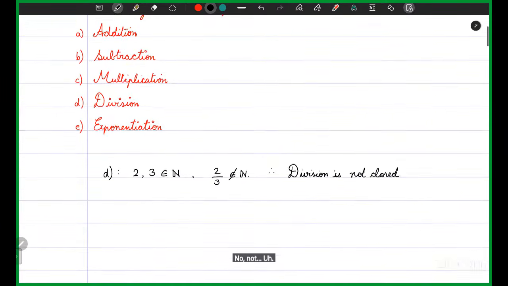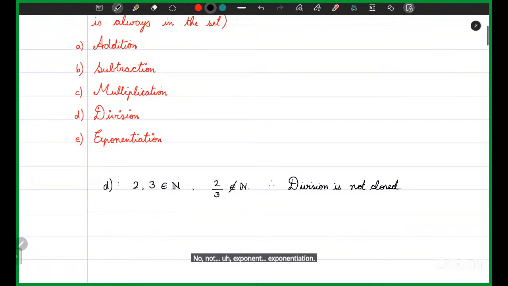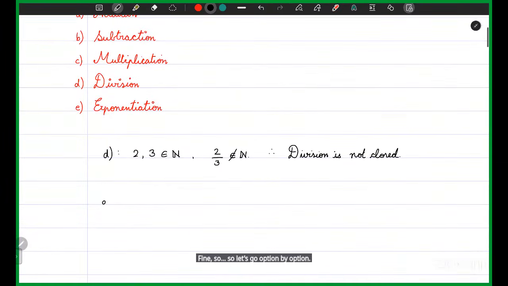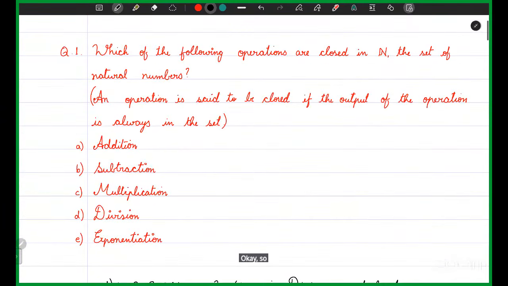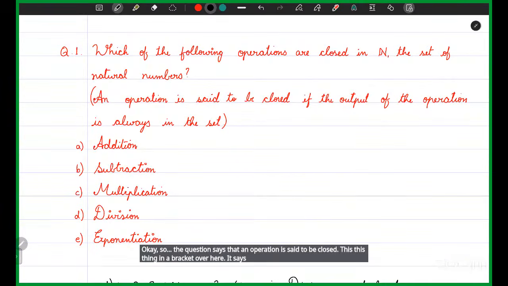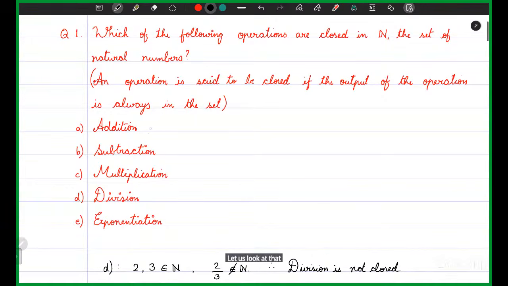Let's go option by option. What about addition? Please explain what the question is saying. The question says an operation is said to be closed if the output of the operation is always in the set. Let us look at that in the context of addition.